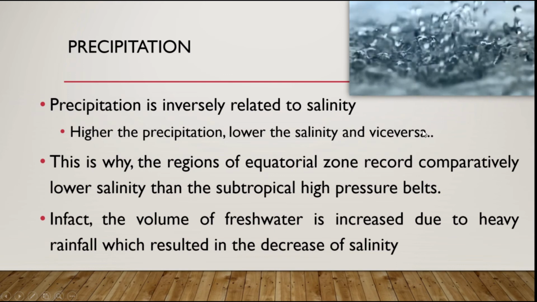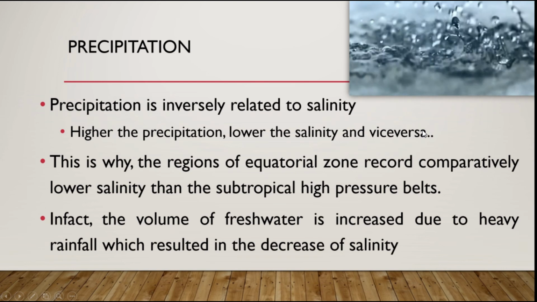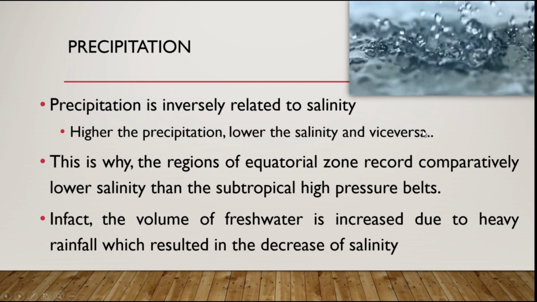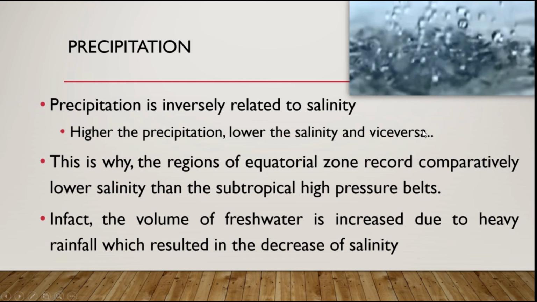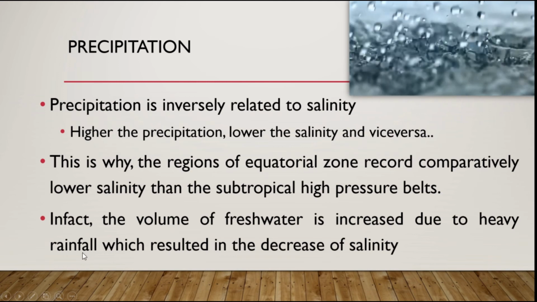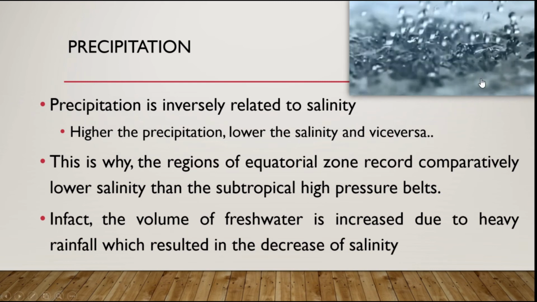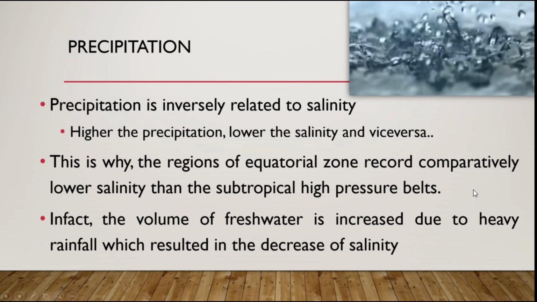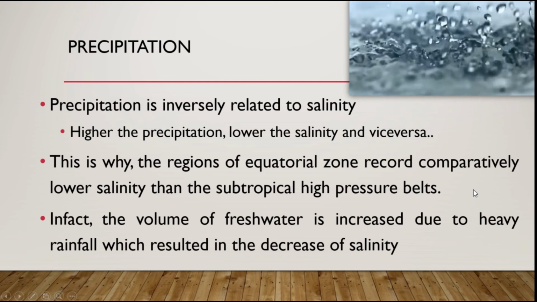Precipitation is inversely related to salinity. That is, higher the precipitation, lower the salinity, and vice versa. This is why the regions of the equatorial zone record comparatively lower salinity than the subtropical high pressure belts. In fact, the volume of fresh water is increased due to heavy rainfall, which results in the decrease of salinity.